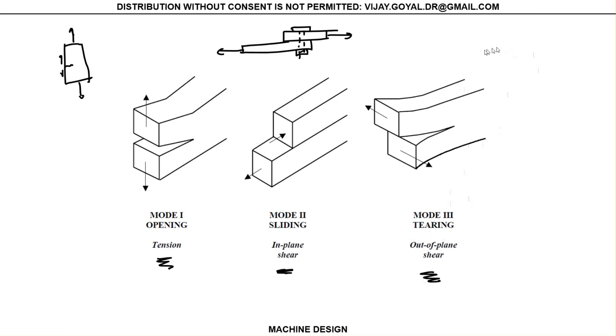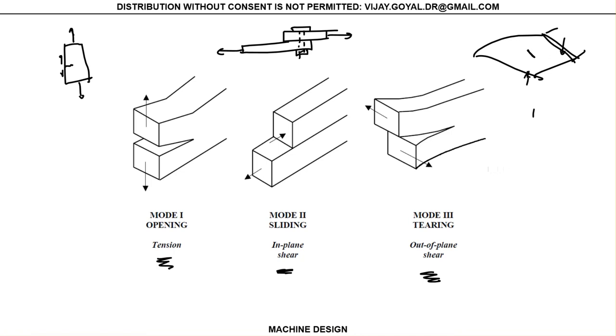One example of this could be the aircraft panel, in which I have a crack here, and now I have some pressure loads at the bottom, some pressure loads here, and something holding this here, so it will not deflect in this direction. So I have pressure loads going in this direction and in that direction. This crack is going to make me want to go one direction, then another direction, creating mode 3, that's tearing.